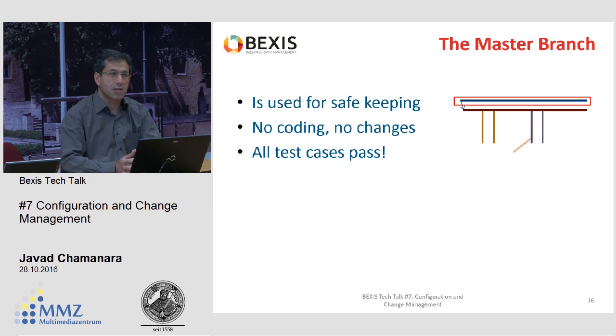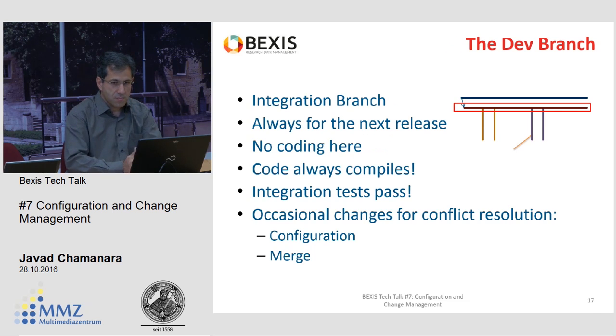So we don't allow merging to the master branch while, for example, any test case is not passed or has failed or is not tested. Everything should be tested and then merged to the master branch. And because there is no coding, no changes, it's not likely to have any conflicts or breaking code on the master branch.